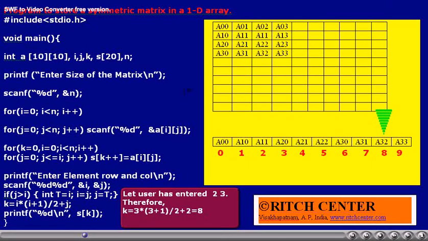So what we shall do is we will exchange 2 3 as 3 2, and then we calculate 3 into (3 plus 1) by 2 plus j, that is 2. So we get again 8, which means that we don't have the 2 3 element, but we have 3 2. As it is a symmetric matrix, 3 2 will be the same as 2 3. Thus we take the 3 2 element and print from the 1D array.